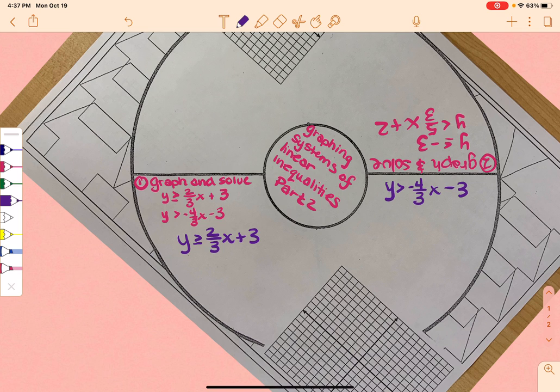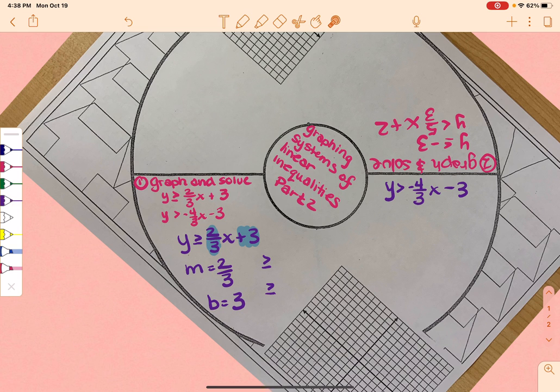Okay, so I'm going to start with the first one. On the first one, we're going to go through and identify our slope and our y-intercept. So my m value is 2/3. My b value is +3. Now the next two pieces that I need, I have to use the inequality to find.